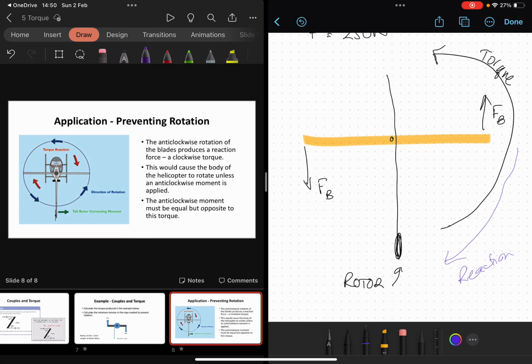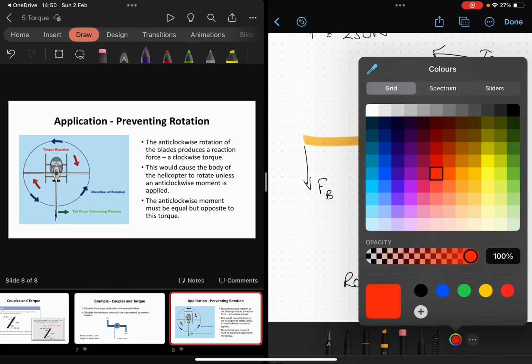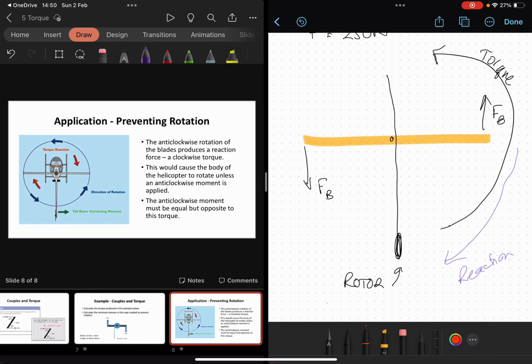So the solution then is to provide not a couple, but a moment from this rotor. And this rotor provides a force in that direction. So there is the pivot. There is the force. The rotor is providing a moment.